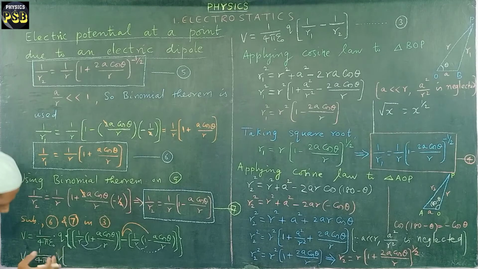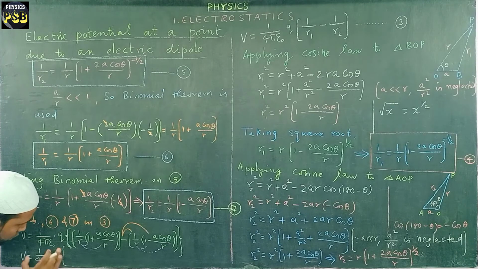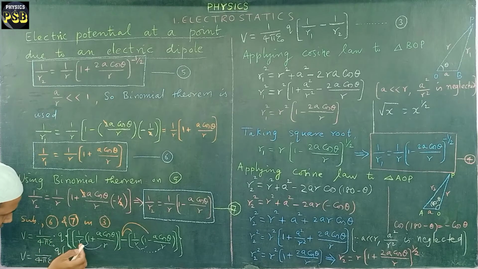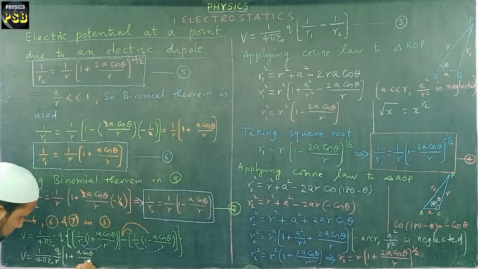So instead of Q, I write Q upon R. 1 divided by R is taken from inside because it is common. So what remains now is 1 plus a cos theta upon R.